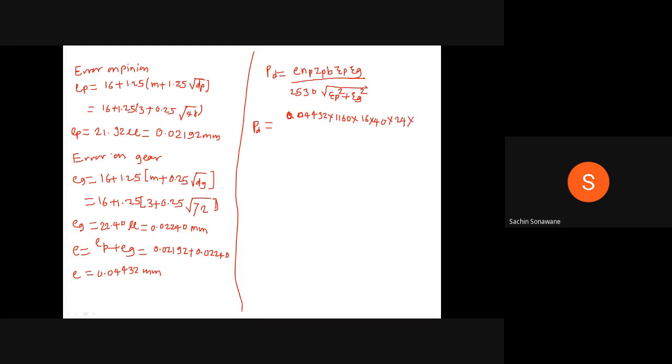What is RG? 36, divided by 2530 into square root of 24 square plus 36 square. Calculate and tell me the answer. Dynamic load you will get in Newton.